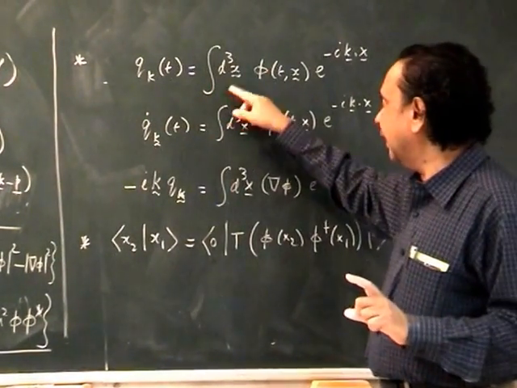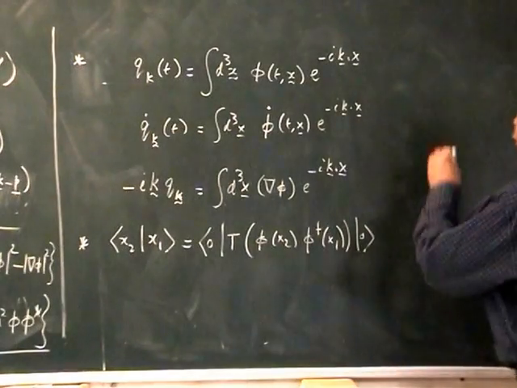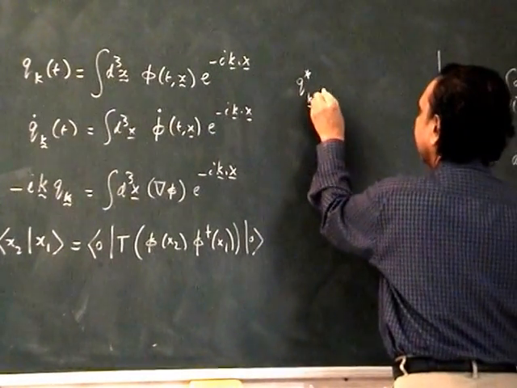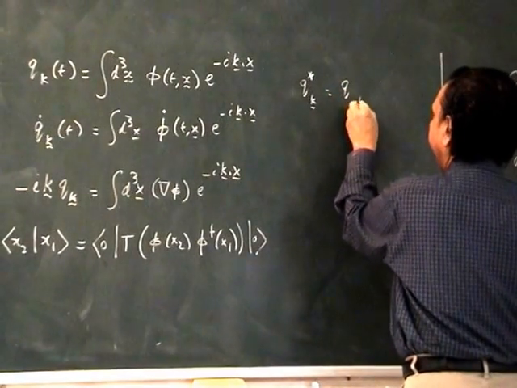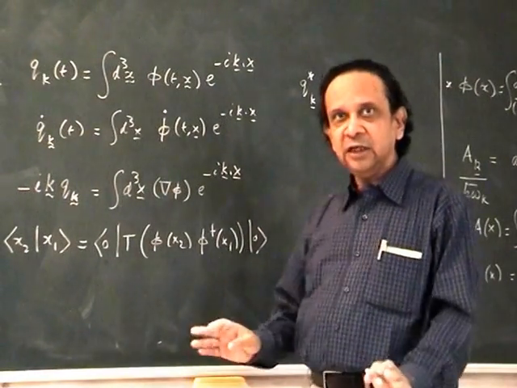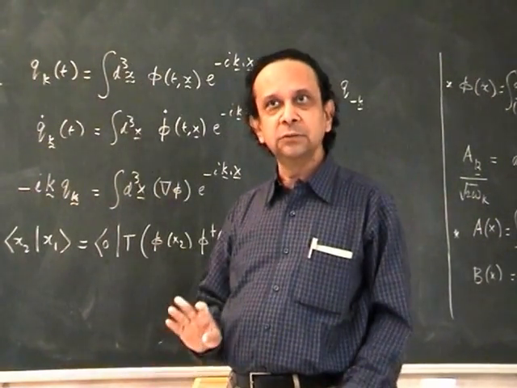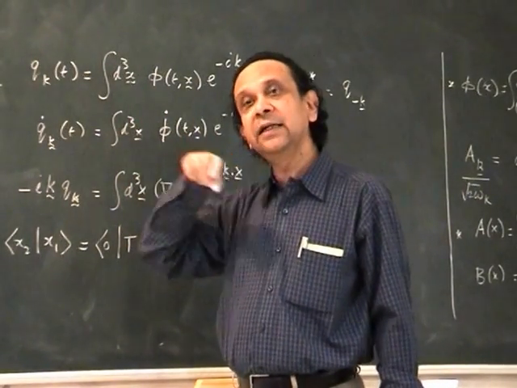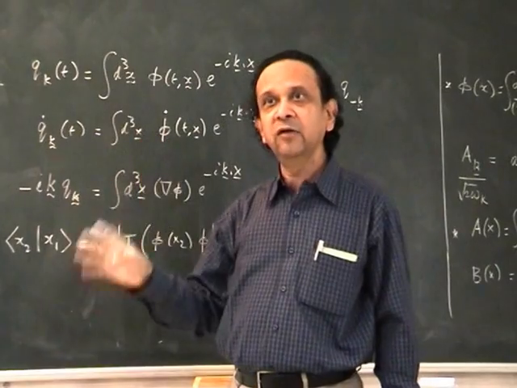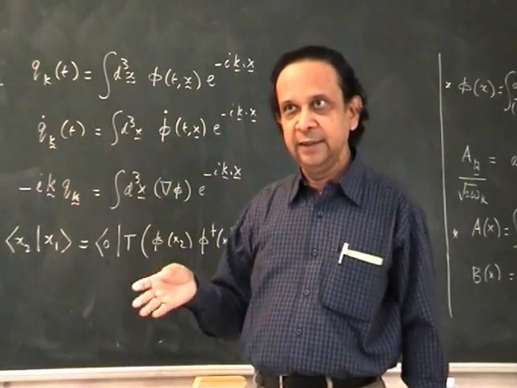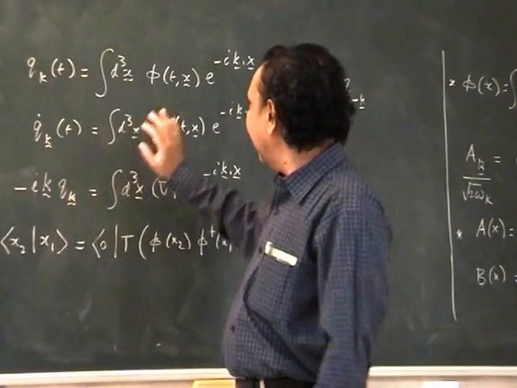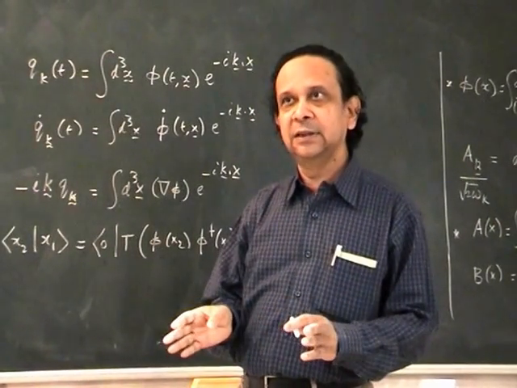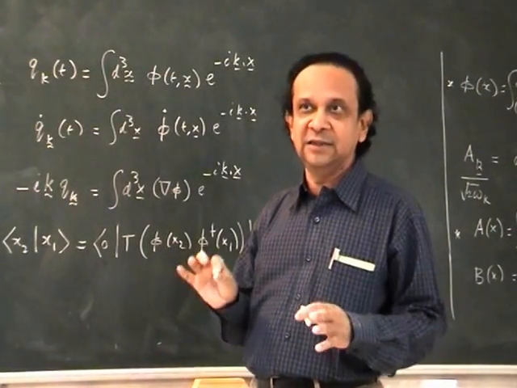Because if you take this and take a complex conjugate of that, you will immediately find that q star of k is q of minus k. So q star of k is not q of k. So q is not going to become real just because phi is real. So the oscillators you have to deal with are complex oscillators. There is no way of getting out of it. But if phi is real, certain things simplify, and if phi is complex, slightly more complications arise.